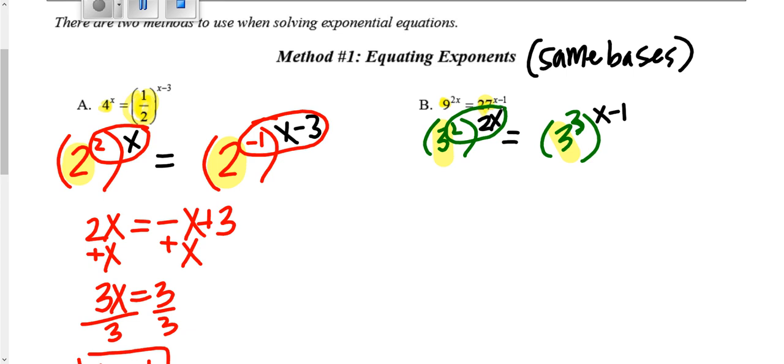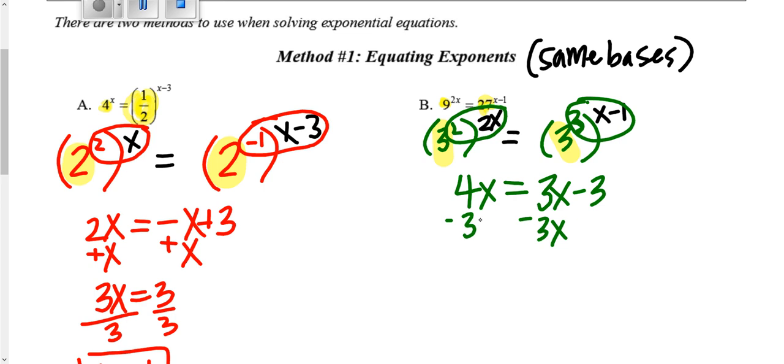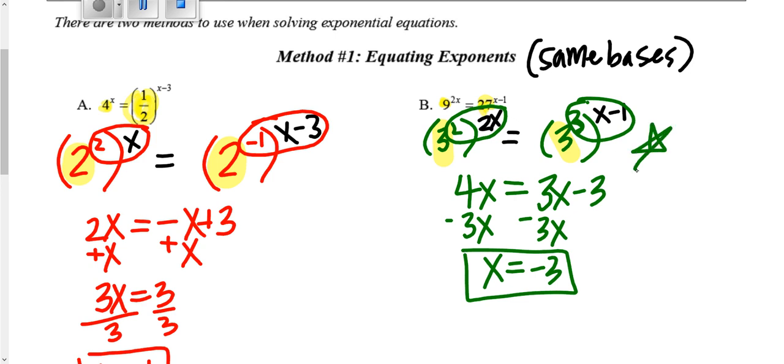So 2 times 2x is 4x equals, I have to distribute the 3 over here, so that'd be 3x minus 3. Then solving, I'm going to subtract 3x. So I get 1x equals negative 3 for my final answer. The hard part in this method specifically is that first step, writing it in the same base.